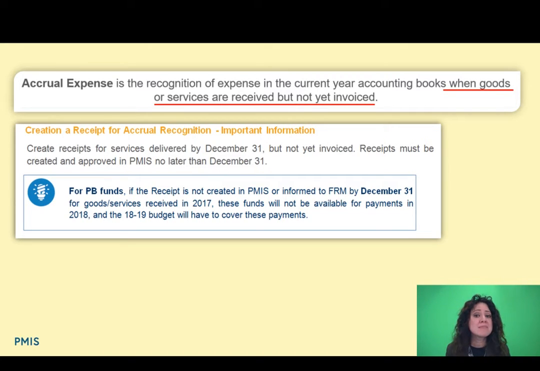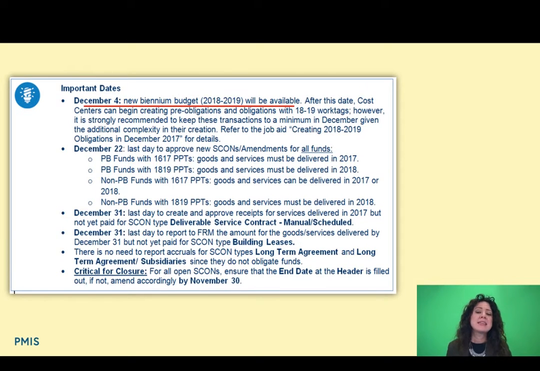So it means that you will need to cover that payment with 18-19 budget. December 4th, the new biennium budget 2018-19 will be available.